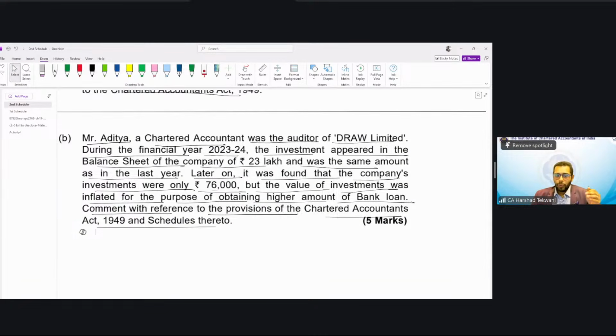So you need to answer as per the CA Act or the clauses that we have discussed, which provisions you will apply in this particular scenario. Anyone?